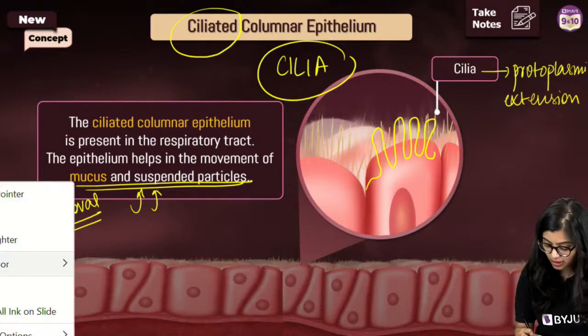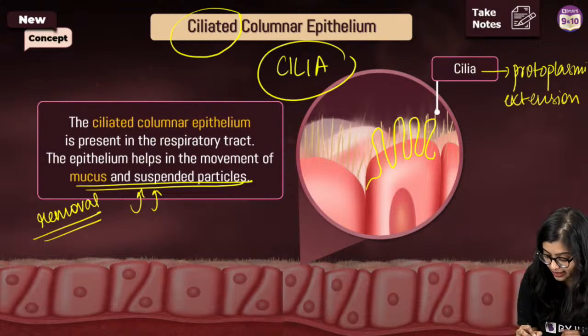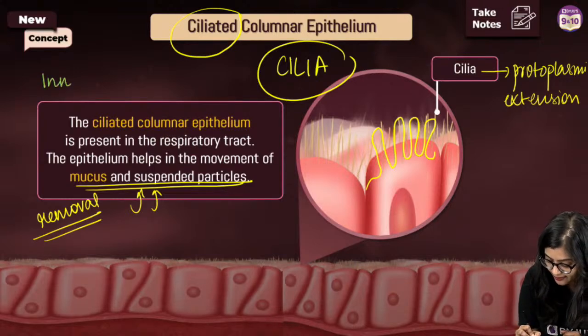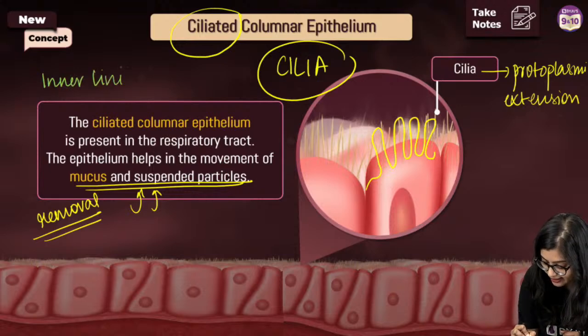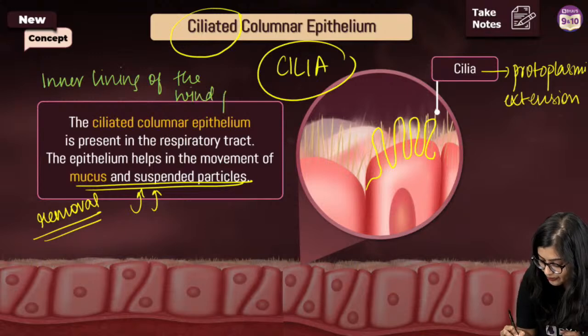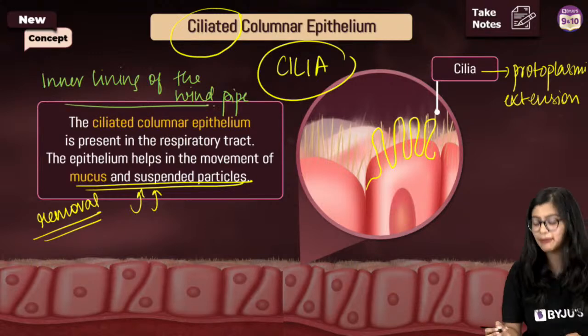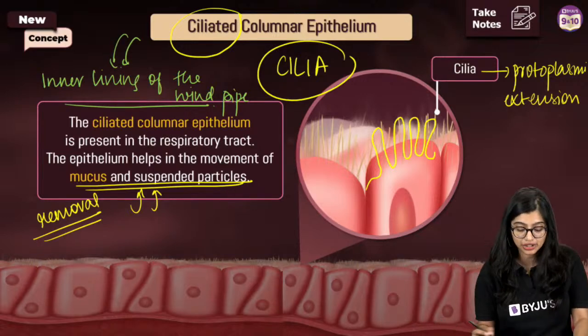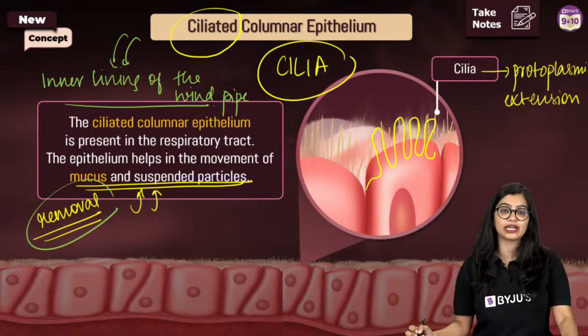Normally we find it in the inner lining of the trachea, the windpipe. So remember where you find ciliated columnar so that you can connect it to the location and then to its function.